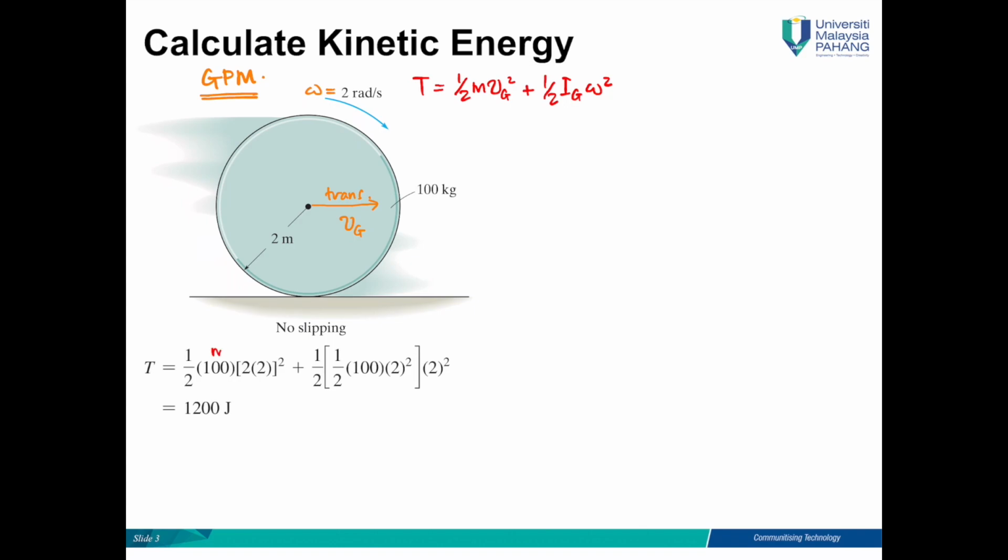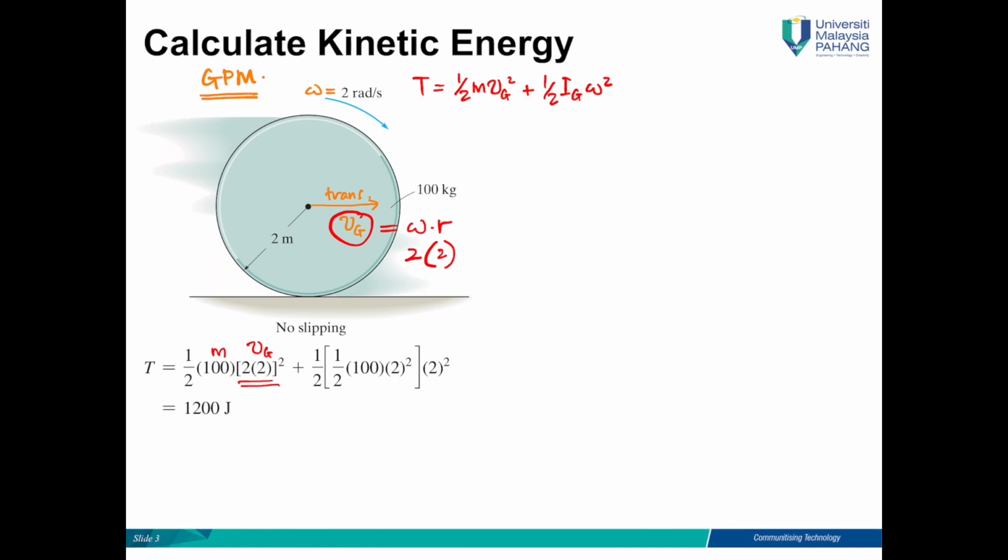This is m, the mass. This is Vg. Again, I have explained previously how you get the value of Vg, which is equal to omega times r. This is what we have learned in kinematics: v is equal to omega r. So you have omega 2 rad per second, and r is the radius of the wheel, which is 2. So 2 times 2, squared. This is for the first term.